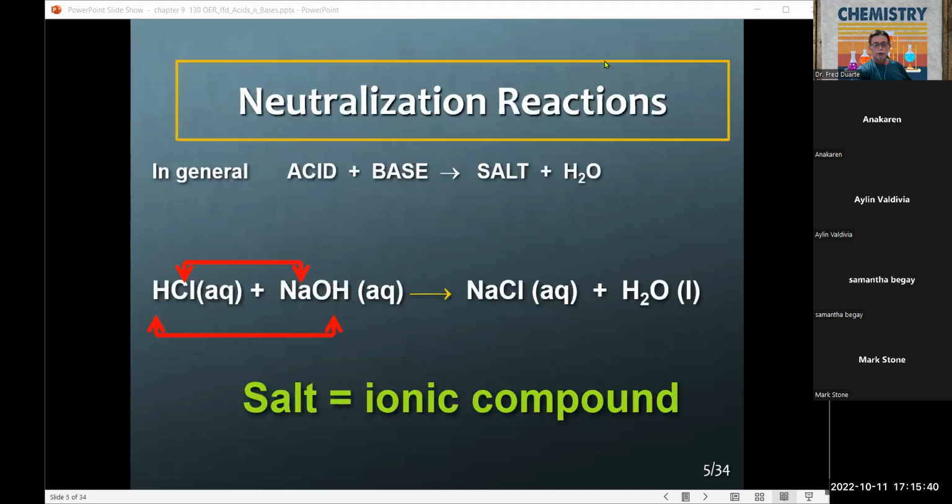Okay. Now we're going to introduce you to the first type of chemical reaction, and that is simply between an acid and a base. When you react an acid and a base, you get two products only. One is water, because you are in effect neutralizing the acid and the base, and the product of that is water. Okay. Think of it next time you eat some Tums or some Maalox.